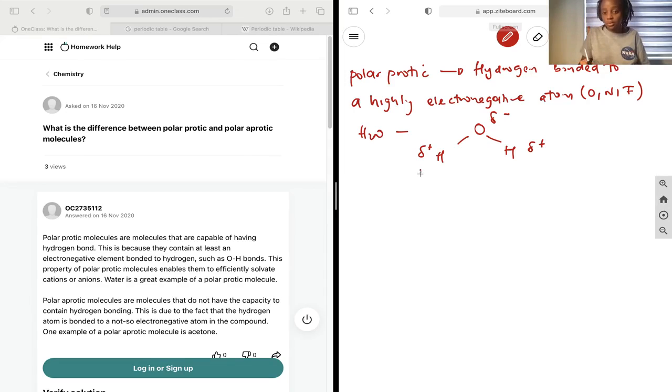And this is actually the reason why water is such a good solvent and is so good at dissolving other things. Let's say we have a positive ion and a negative ion together, like lithium bromide.